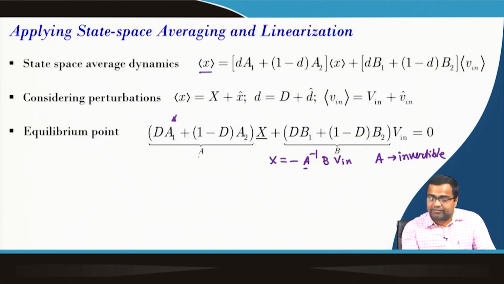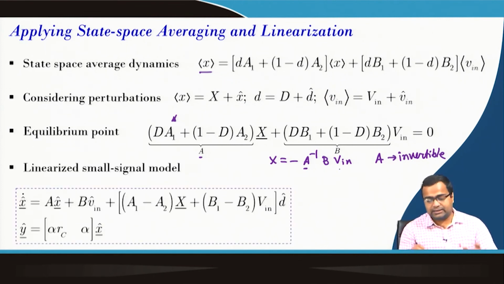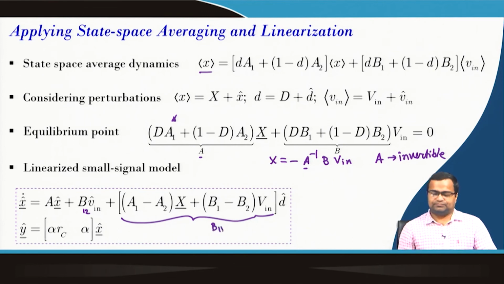But if you take the average A matrix, it is invertible, and again we can derive the linearized small signal model using this expression. Okay, so, this will again be B12 for our case, and this whole thing is B11. Okay.